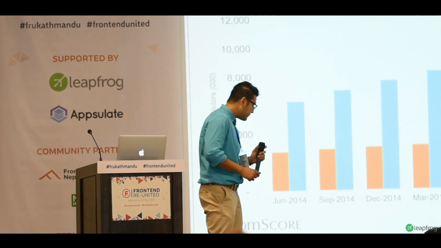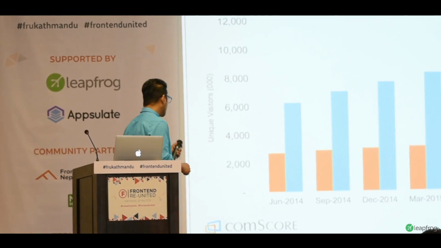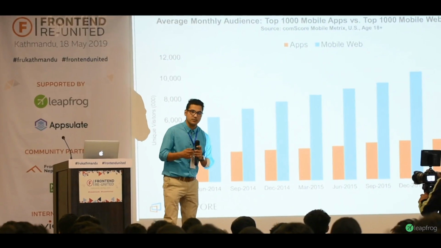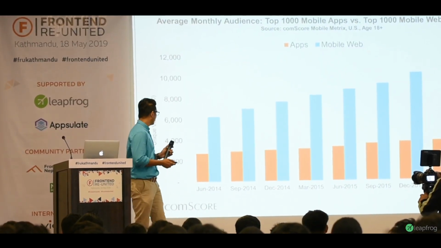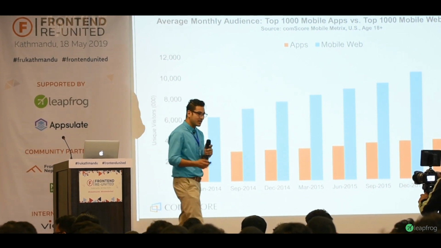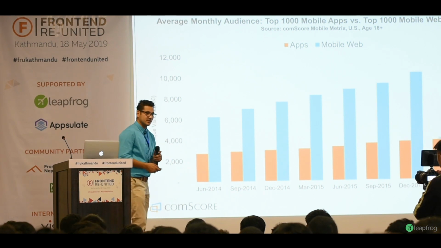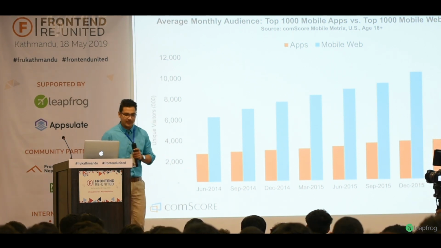From early 2014 to 2016, there is a massive increase in mobile web reach compared to native apps. Almost 11 million unique visitors in the case of mobile web reach, but just 4 million in the case of native apps. This is 2016 data, and it is now even more in 2019.